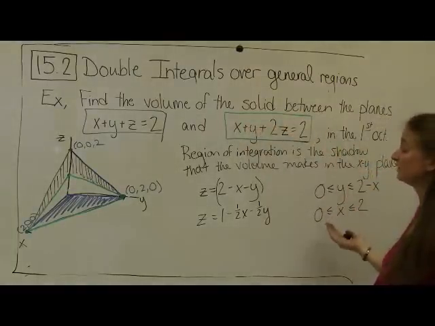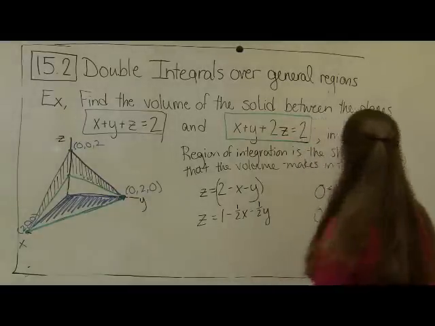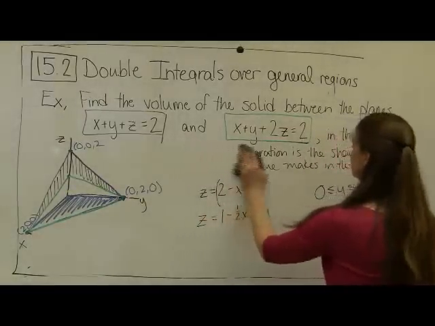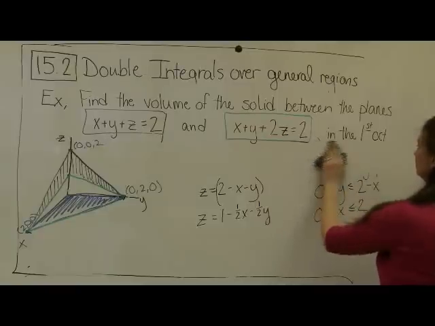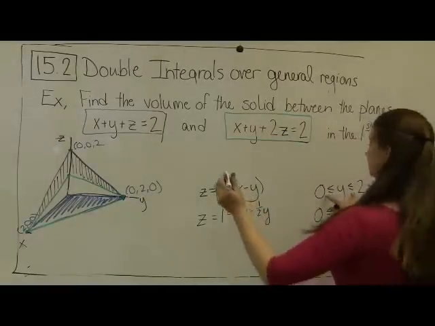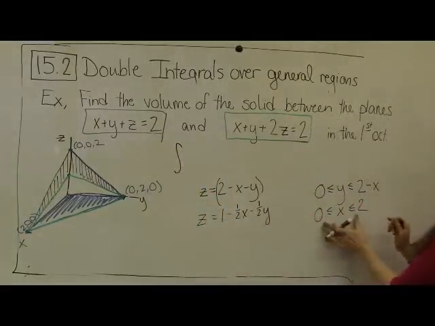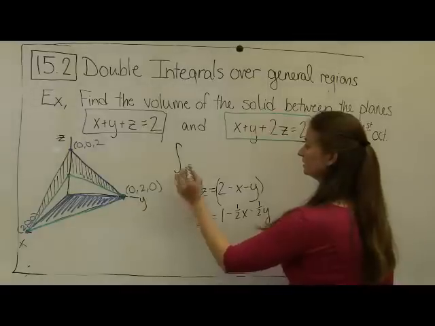We can do this a number of different ways. I'm going to set it up as two separate integrals. With all of this work, I'm going to erase these pieces and keep that up. We now know that I want to take the integral. My x values, as we found over here, are going to go from 0 to 2.